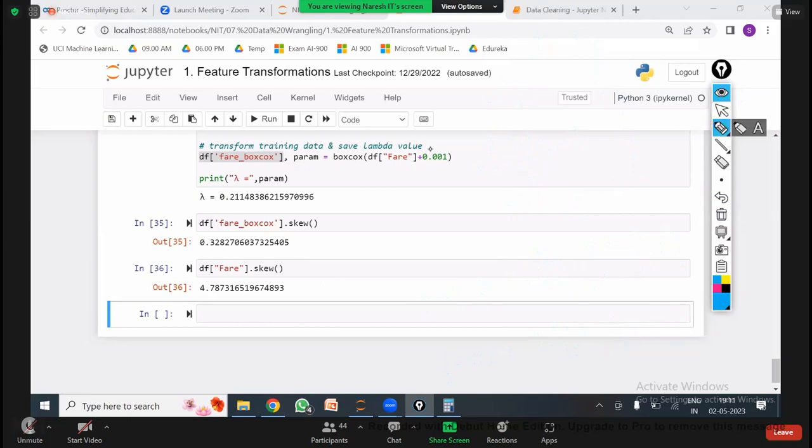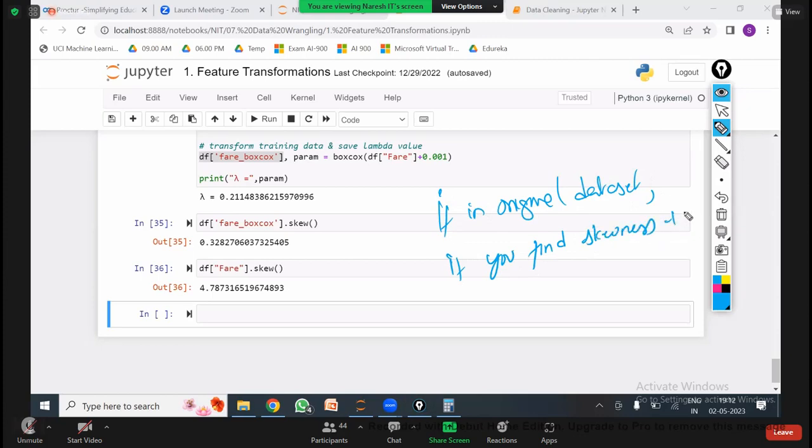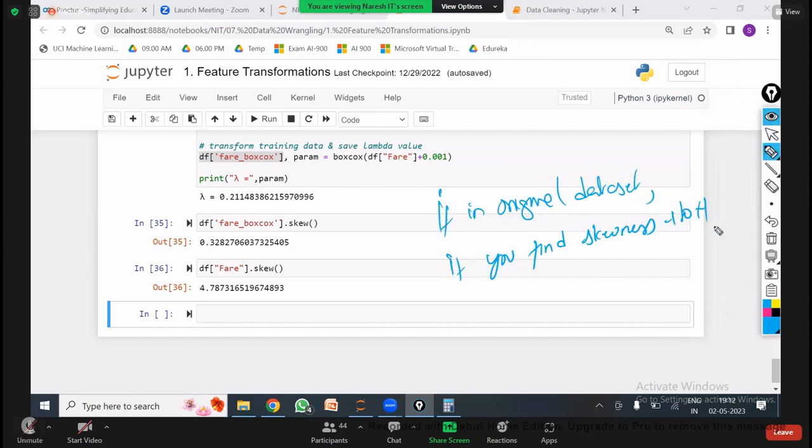If in your original data set you find the skewness is minus 1 to plus 1, just ignore that.